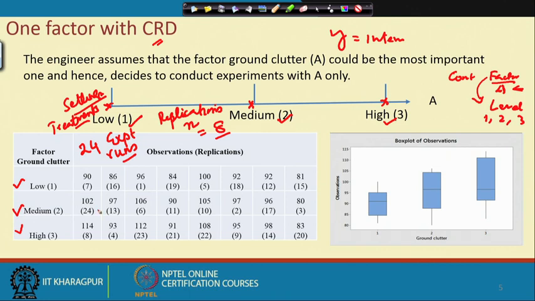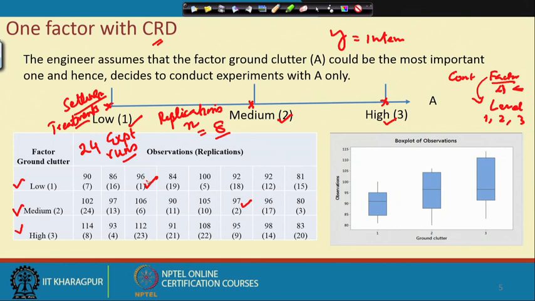So, using rand function in Excel, you can do this kind of randomization. For example, using rand function, we found that the first experiment is this one. So, the second experiment will be here. So, what does it mean?